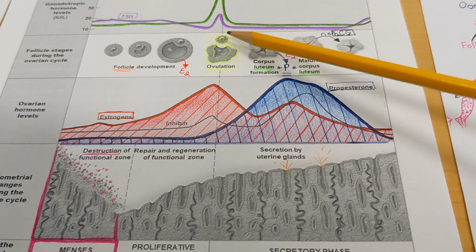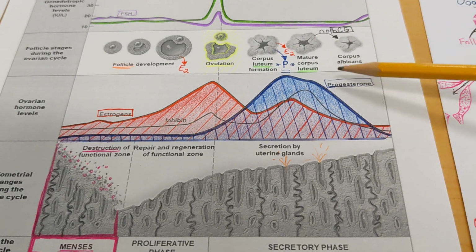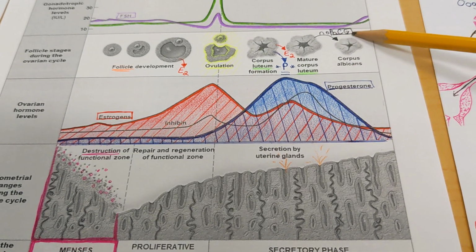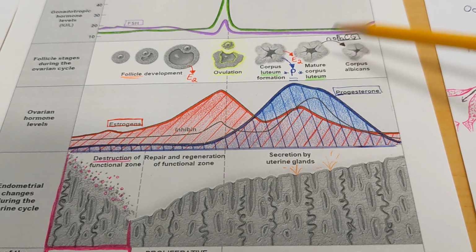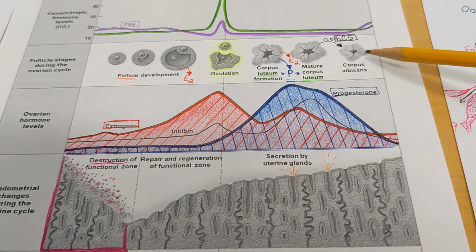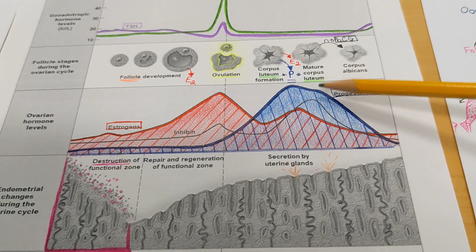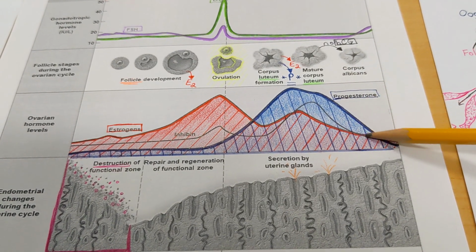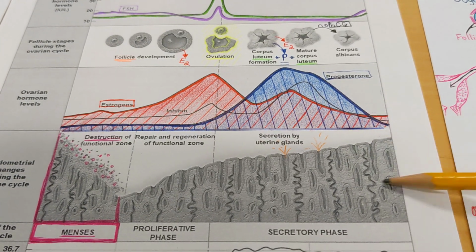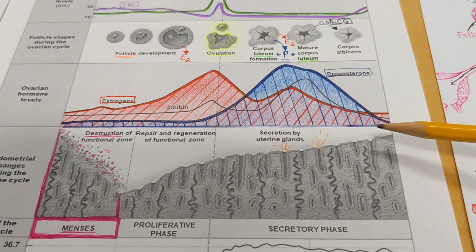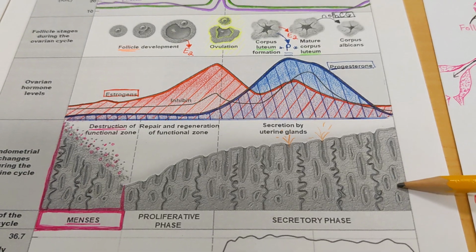If there is no fertilized egg by about day 10 over here, there will be no HCG, therefore no stimulus to maintain the corpus luteum, and so the corpus luteum degrades. It's going to die, and as it dies, it's going to secrete less and less progesterone. Without progesterone, there is no progesterone to bind to receptors on the endometrium, therefore nothing to trigger the endometrium to be maintained.